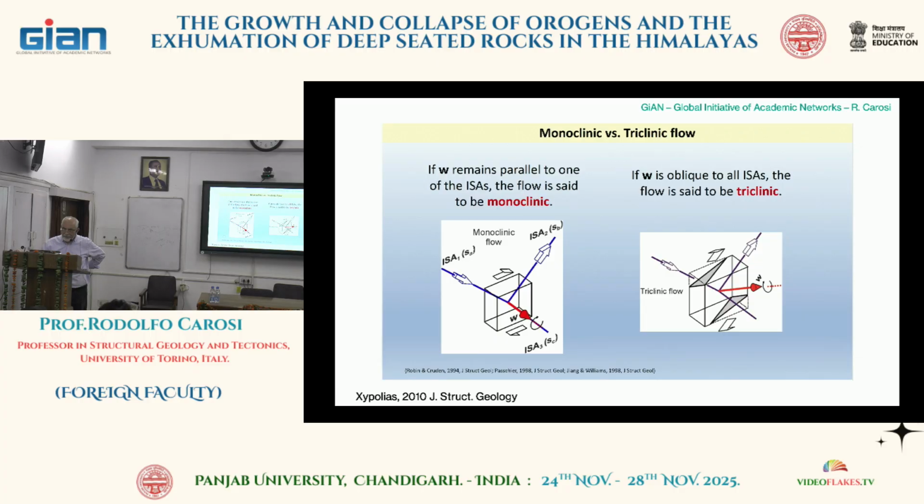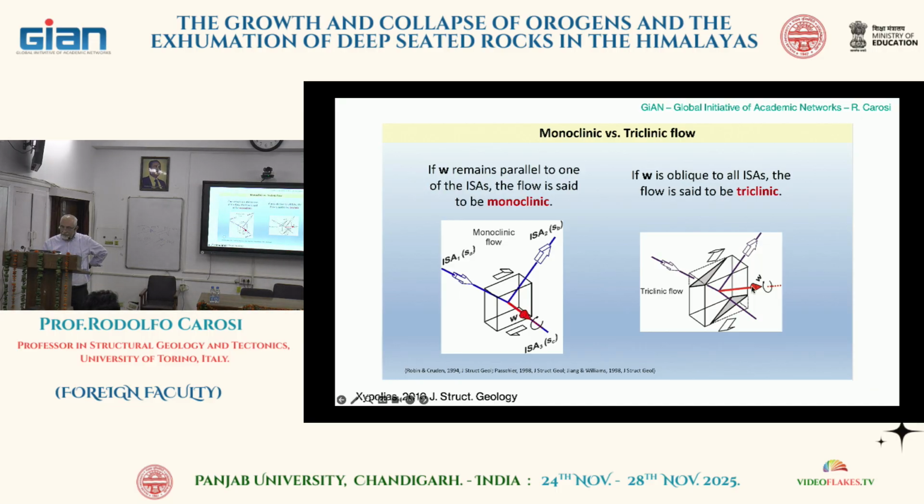the amount of simple shear and pure shear is much easier to remember. Okay, we just spoke about the monoclinic and triclinic deformation. The easiest way to deal with vorticity is to consider the vorticity axis, the rotation axis, parallel to one of the deformation axes of the instantaneous ellipsoid, one of the ISA, usually the y-axis.